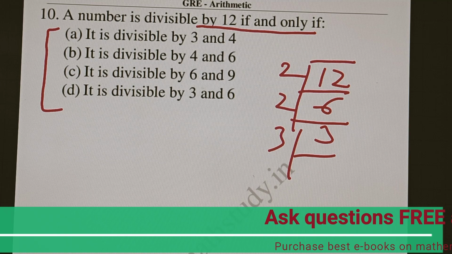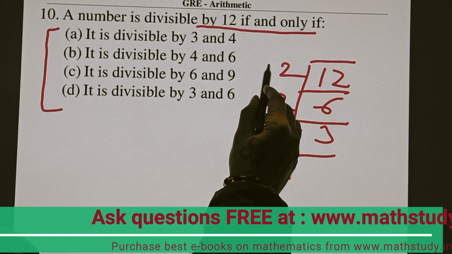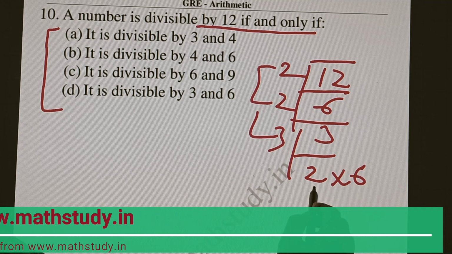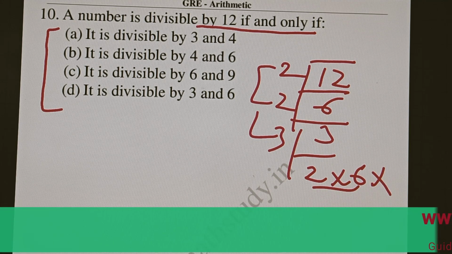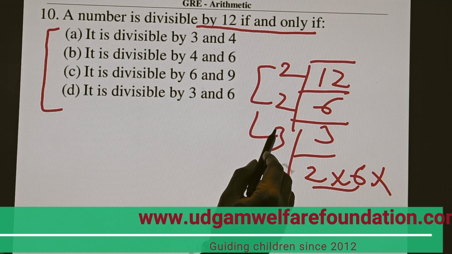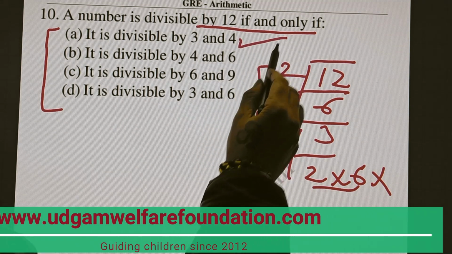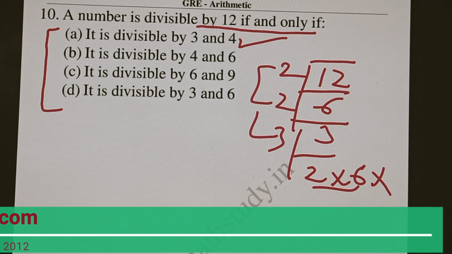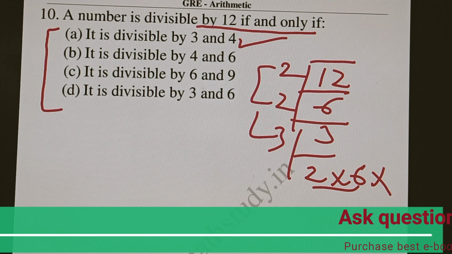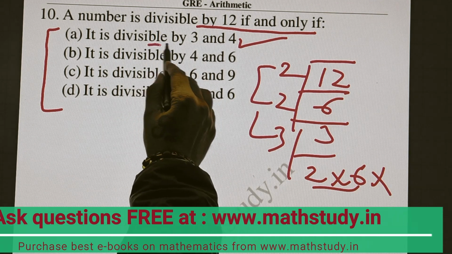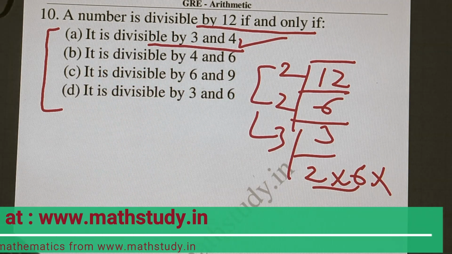The least numbers by which we can divide 12 are 4 into 3, or 2 into 6 as well, but that is not available in our options. We only have 4 into 3 in the options. So 3 and 4 are the numbers which always divide 12. So a number is divisible by 12 if and only if it is divisible by 3 and 4. Option A is the correct answer here.